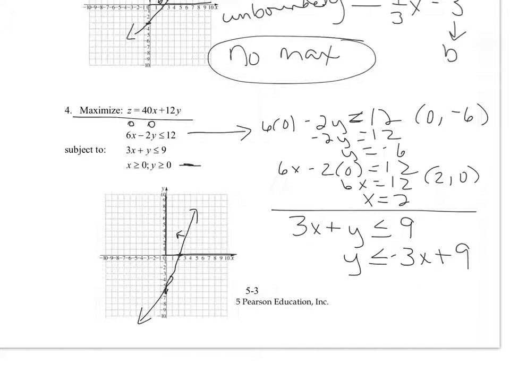So that tells me my y-intercept is at positive 9, so I'm going to put that point up there. Since my slope is negative 3, I come down 3, right 1, and I'm at the ordered pair 1, 6. Down 3, right 1, I'm at the ordered pair 2, 3. And then down 3, right 1, I'm at the ordered pair 3, 0.